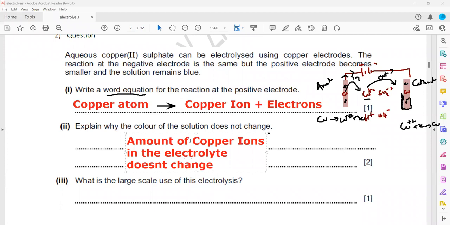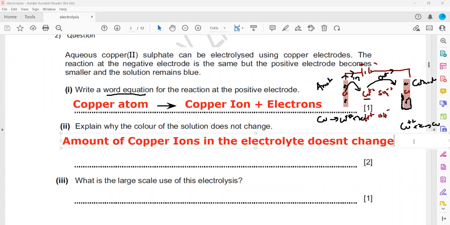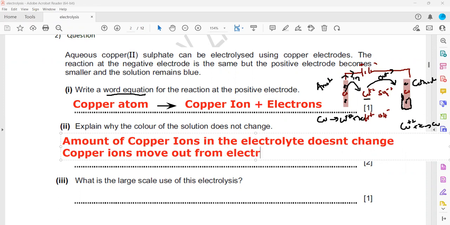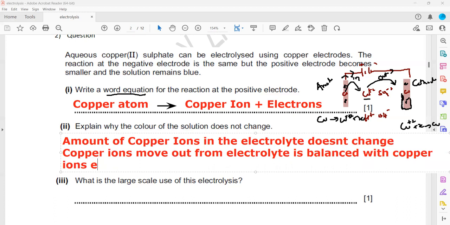And why does it not change? Because the copper ions moving out from the electrolyte is balanced with copper ions entering the electrolyte from the anode.